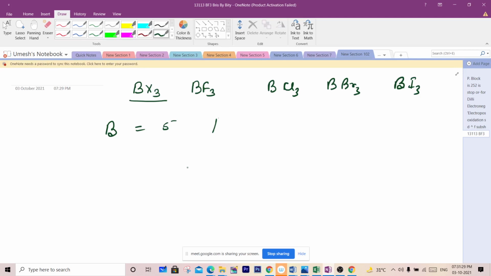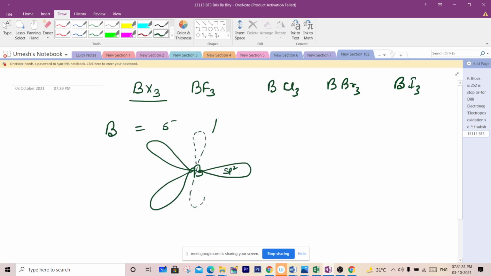Is it sp2? Good, sp2. So in case of sp2 hybridization, it will have a trigonal planar geometry, right? Like this. This is an sp2 hybridized orbital, and one orbital will be empty here as a 2p energy level.